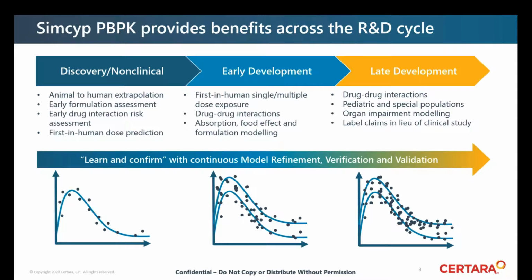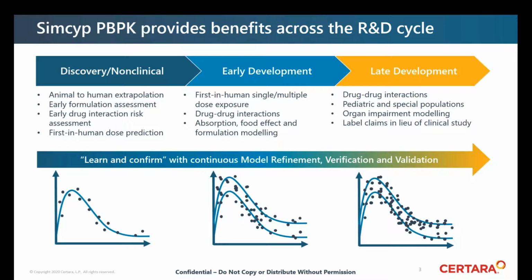Very early on in preclinical development, you may have only in vitro data or maybe some animal data, and your question might be, what's the best dose to introduce into humans? So the data is sparser, and the question is one mainly of translation.